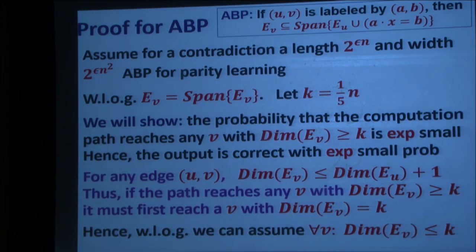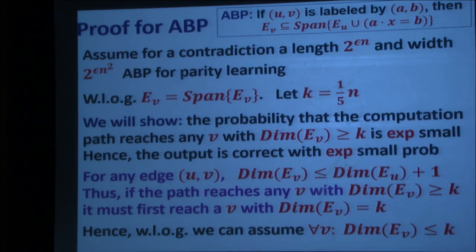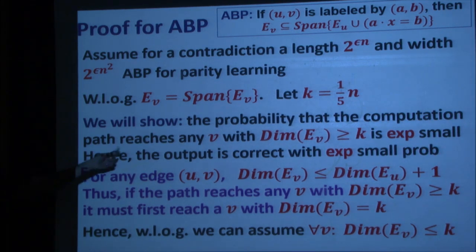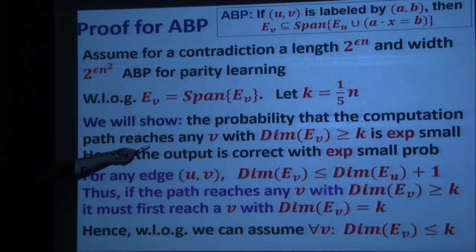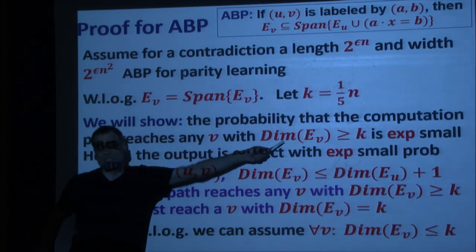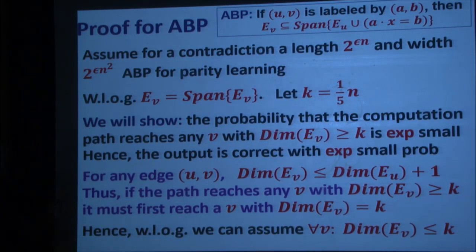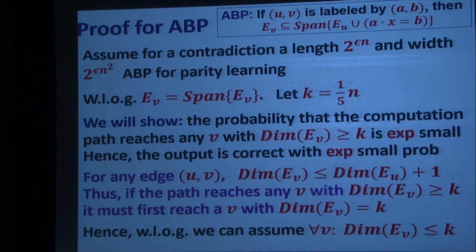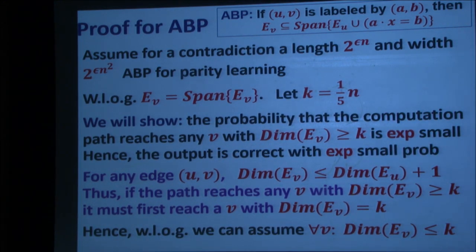So I can just remove all the vertices with dimension larger than K from the program and still calculate the probability to reach a vertex with dimension exactly K, and it will be the exact same thing as the probability to get to some vertex with dimension larger than K. So we can just remove from the program all the ones with dimension larger than K. And this is important. It's simple, but it's a crucial point in this proof.